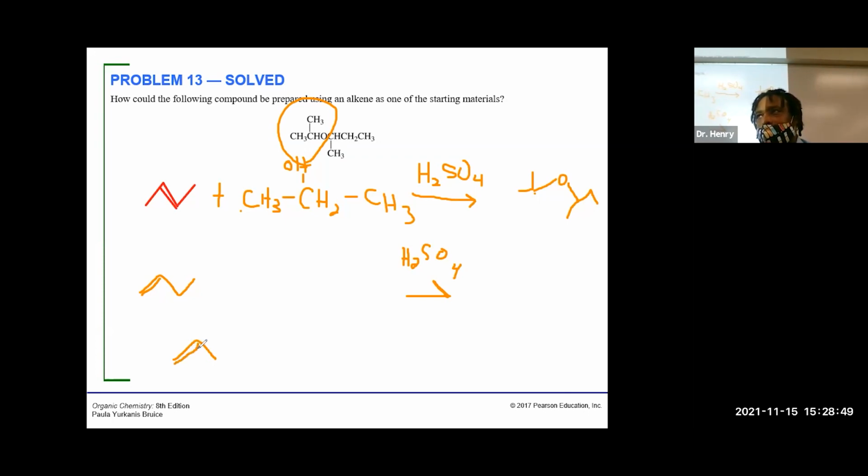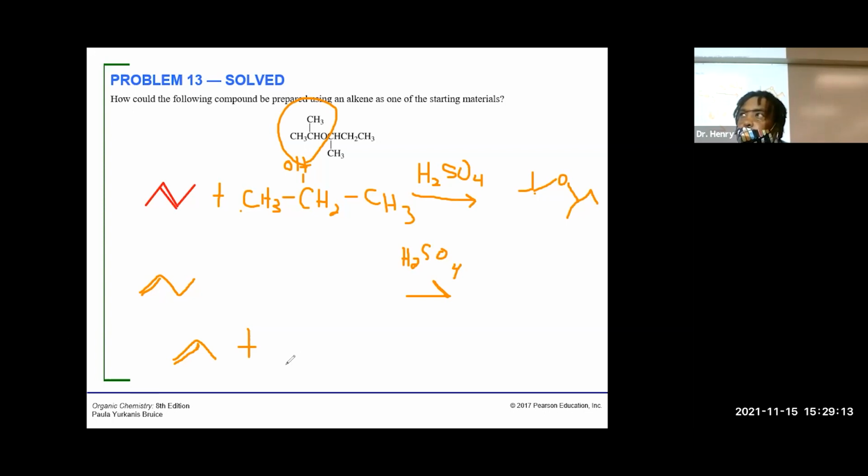Okay. I know my double bonds look crazy. Okay. So, and then it's going to be reacting with what? What is the alcohol that it's going to be reacting with? You said butanol. Okay.